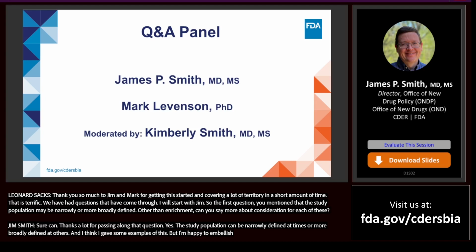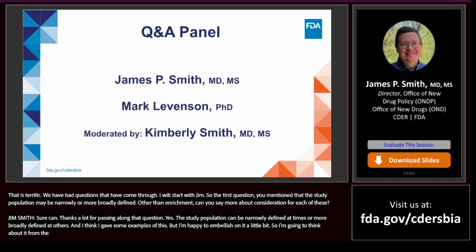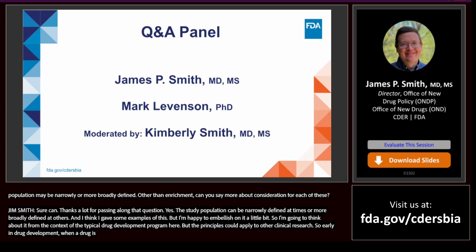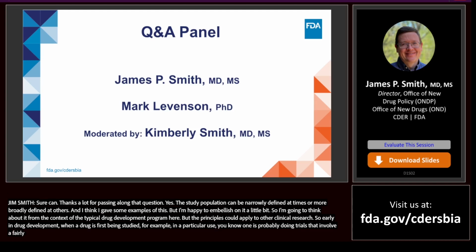So I'm going to think about it from the context of a typical drug development program here, but the principles could apply to other clinical research. So early in drug development, when a drug is first being studied for a particular use, one is probably doing trials that involve a fairly small number of patients to test a drug, perhaps to explore certain endpoints, to get proof of concept, figure out whether this drug candidate is worth developing further for a particular use.